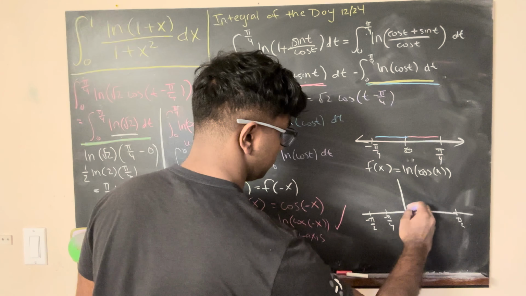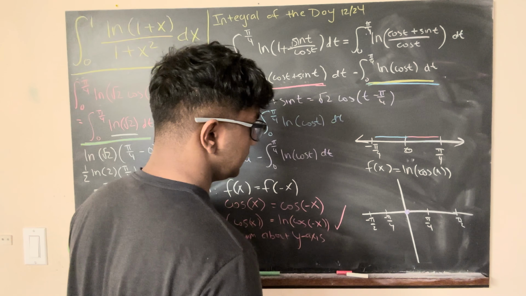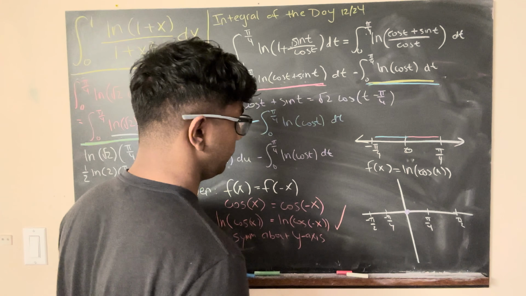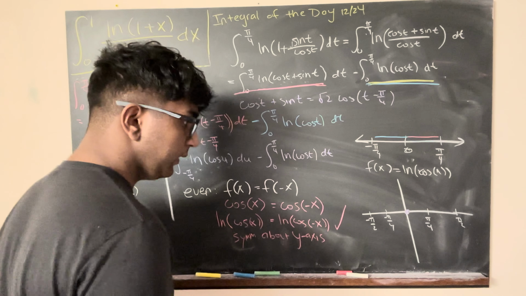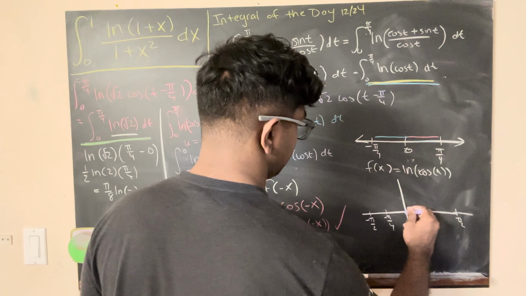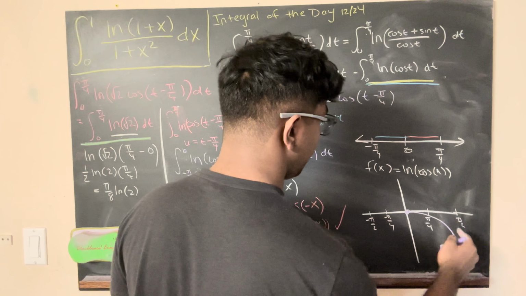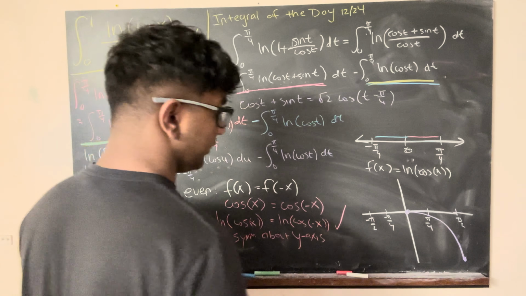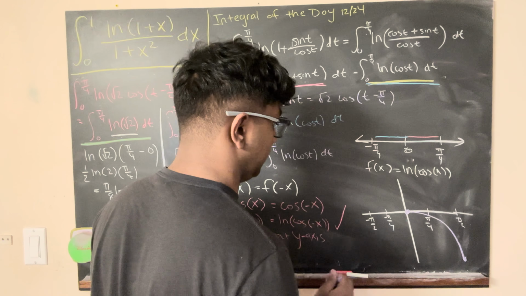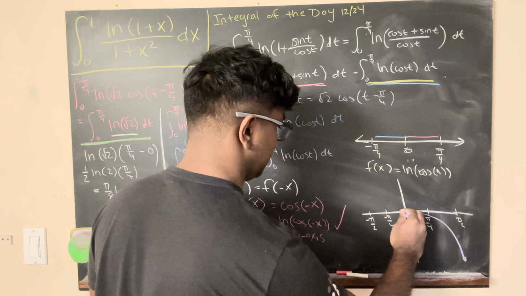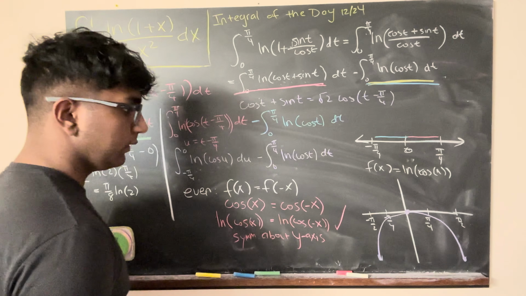So we start here. As we increase x, cosine x goes from 1 toward 0, because cosine x is between 0 and 1. As we go to pi over 2, cosine gets closer to 0, and at pi over 2 we have 0, which is undefined for the logarithm. So the function looks something like this, with an asymptote at pi over 2. Similarly, as it goes to negative pi over 4, it'll still be a value between 0 and 1, approaching 0. So it'll look similar, with an asymptote at negative pi over 2.